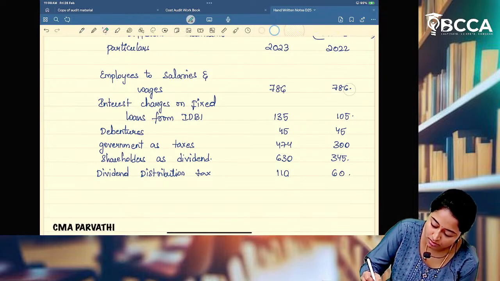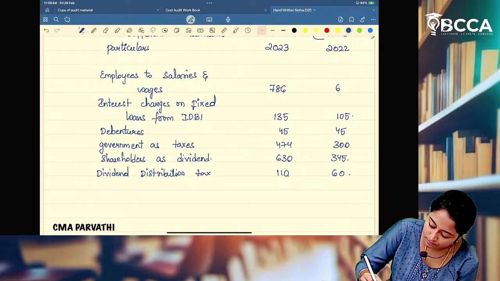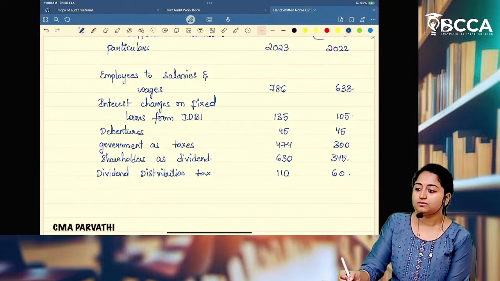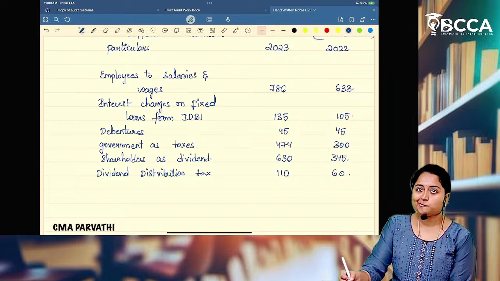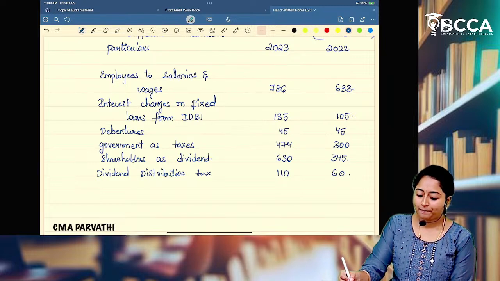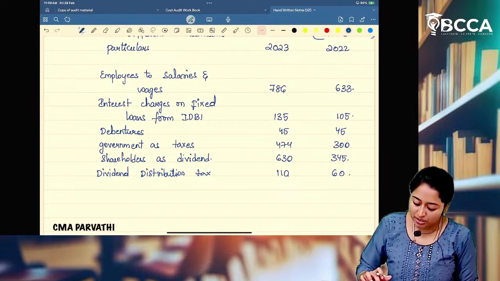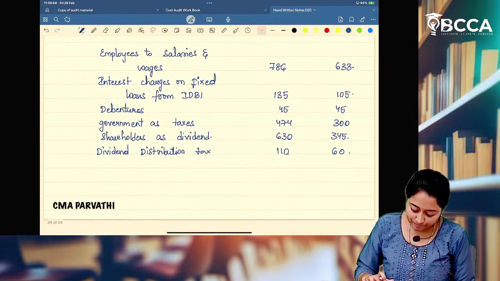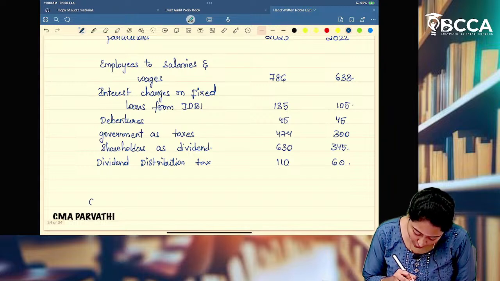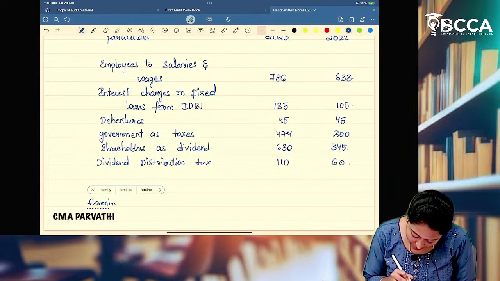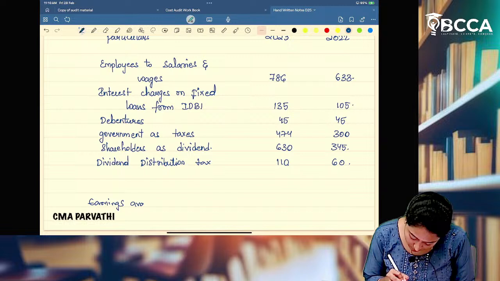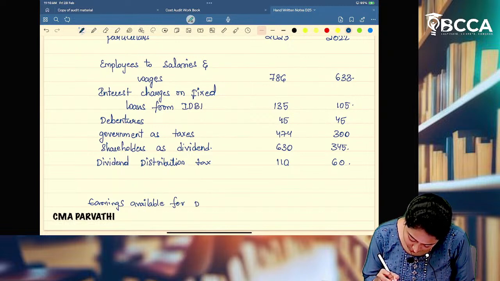Okay. Now do the total of this. The entire total should be earnings available for distribution.